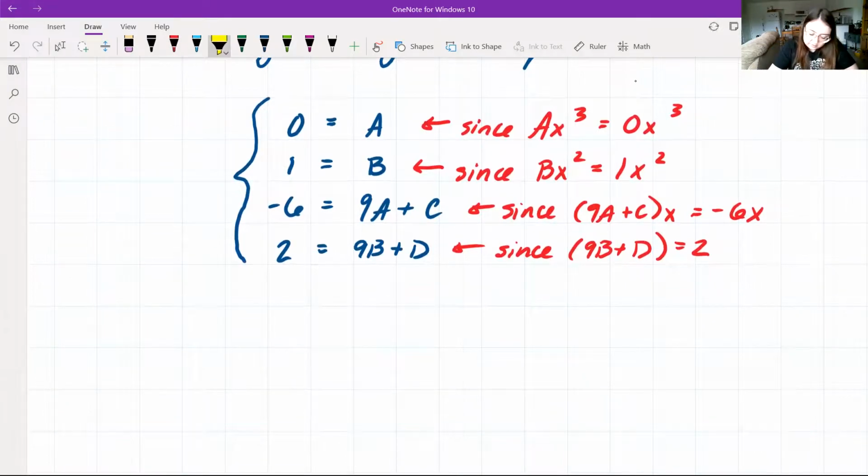So we have values of a and b, but we don't have values of c or d. So we have to use these latter two equations to solve for c and d.